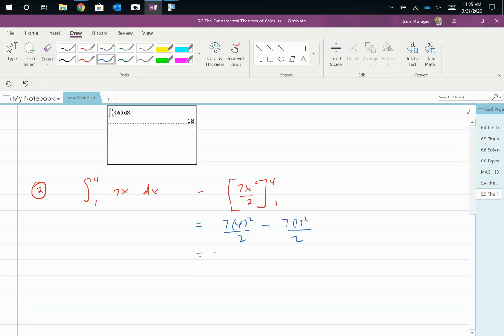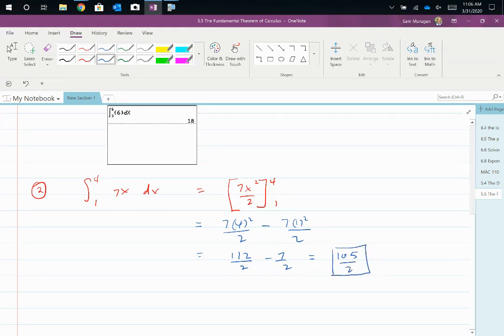So 4 squared is 16 times 7 is 112 over 2 minus 7 over 2, which is 105 over 2.